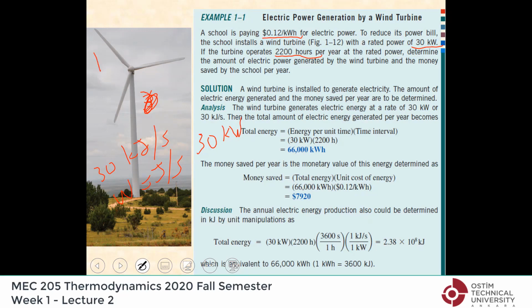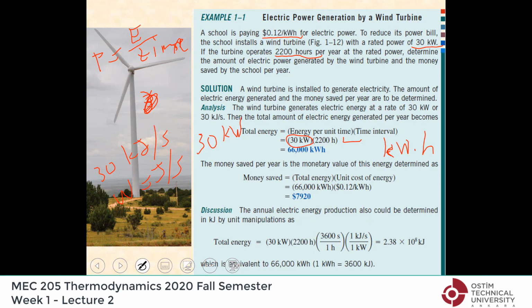Or power is, again from high school, energy divided by time, meaning energy is power times time. Power is 30 kilowatts here, and then time interval is 2200. If you multiply, what do you get? 66,000 kilowatt hour.